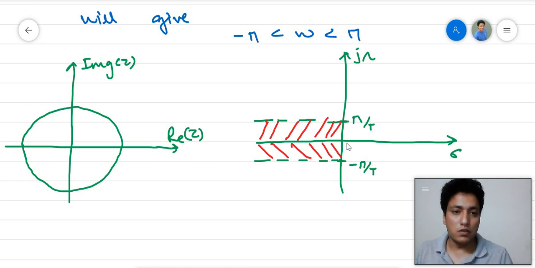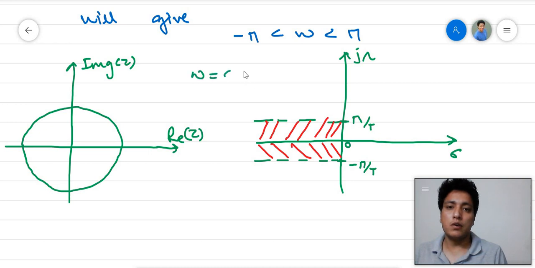Now this is 0. If we go from 0 to minus pi by T, omega is equal to omega T. At omega tends to 0, omega will be 0, so it will be at this particular point. Now if we move from 0 to minus pi by T, omega will be equal to minus pi.